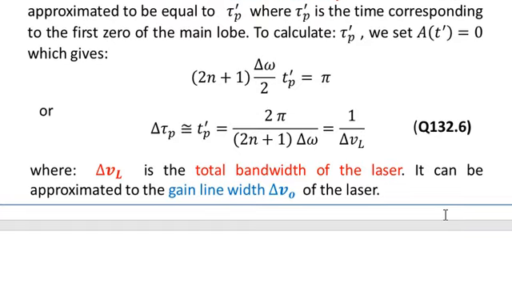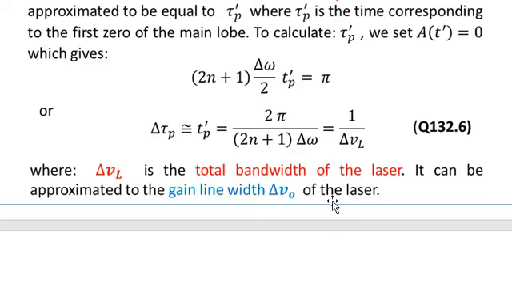Total bandwidth of the laser. It can be approximated to the gain line width delta nu of the laser also. You know that while discussing the theory of lasers in many of the previous slides, we talked about the gain line width of the laser, and there we used the parameter delta nu naught to represent it.